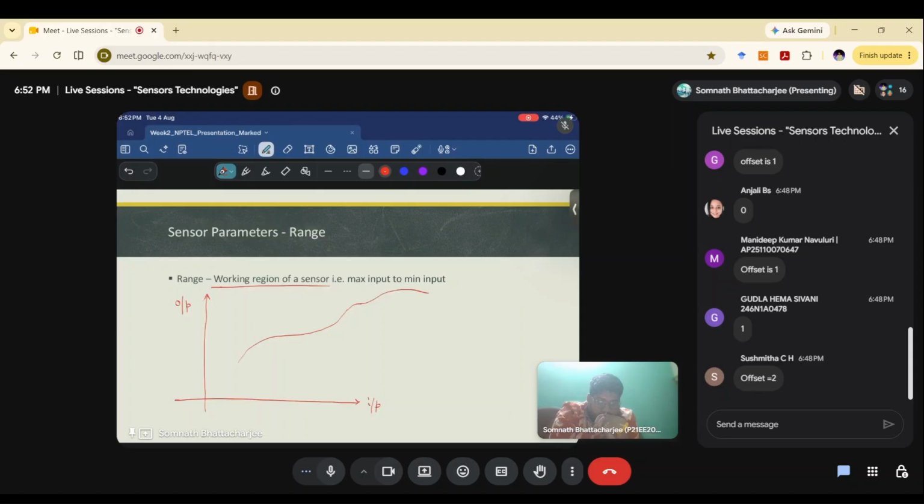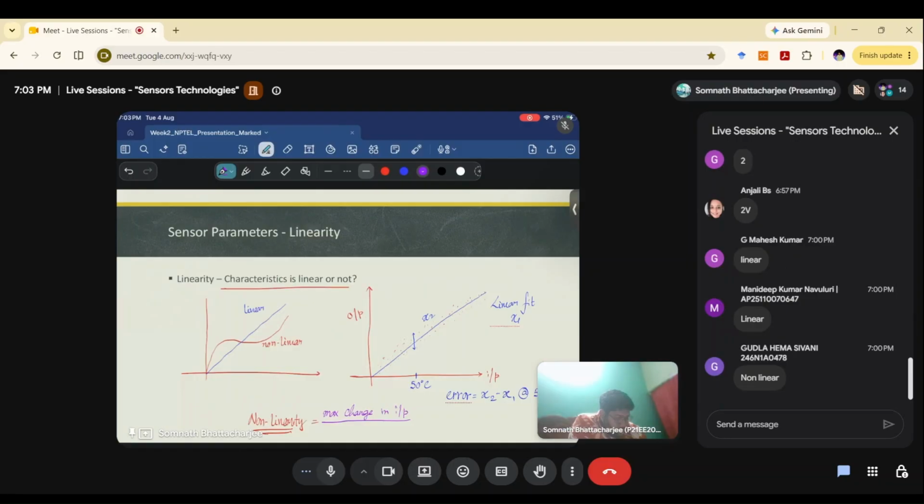We need to calculate the max change in input divided by full scale into 100%. So we need to determine the maximum change in our input values and divide it by the full scale into 100%. And obviously the non-linearity will always be within 100%, right?